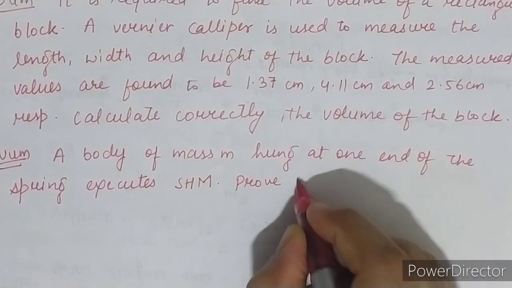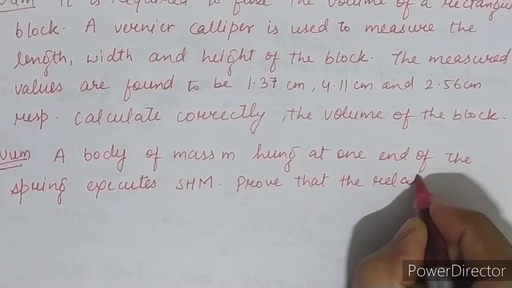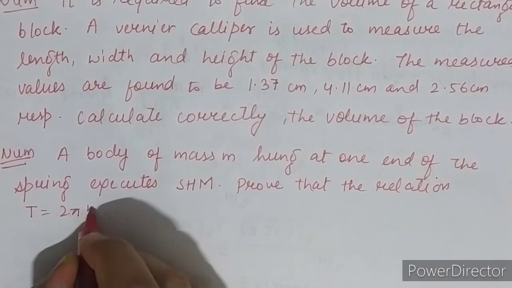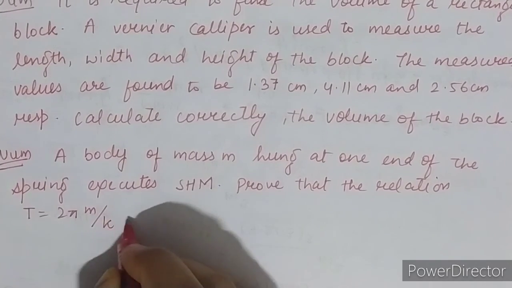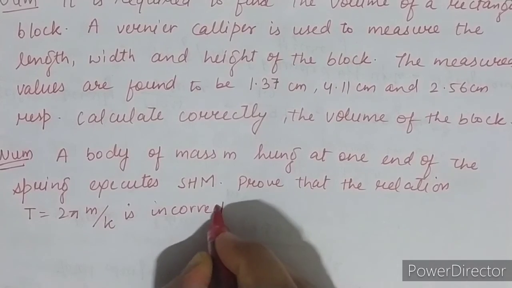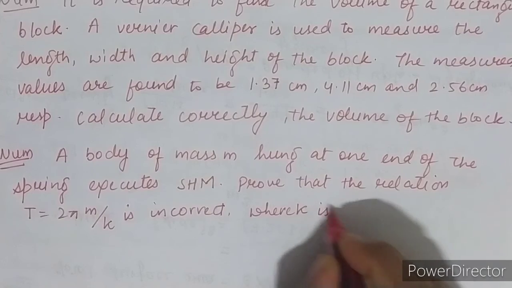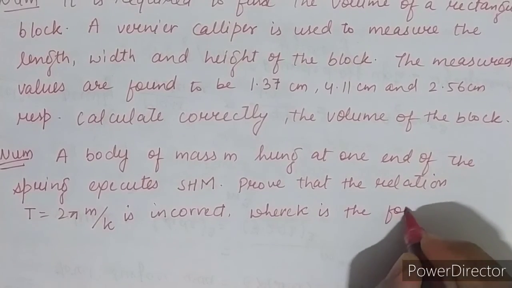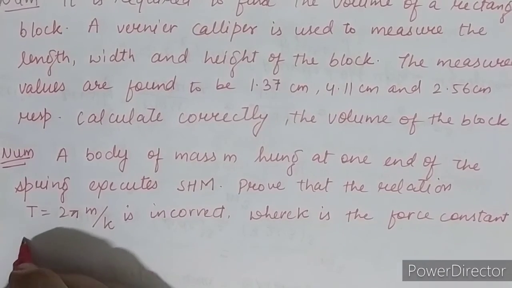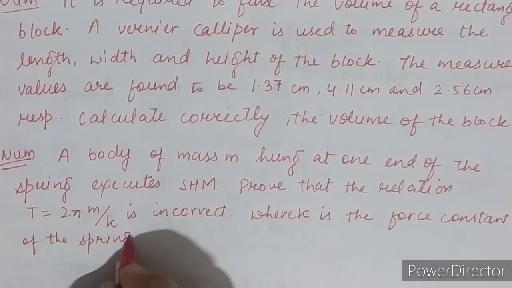Prove that the relation T equals 2 pi m upon k is incorrect, where k is the force constant of the spring.